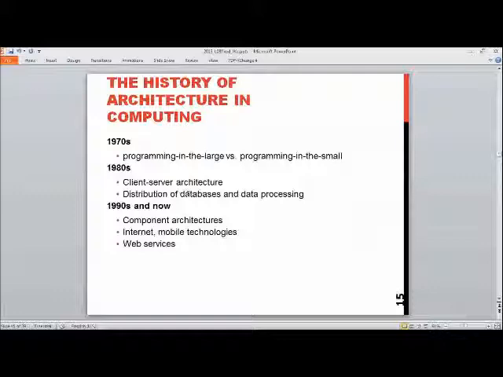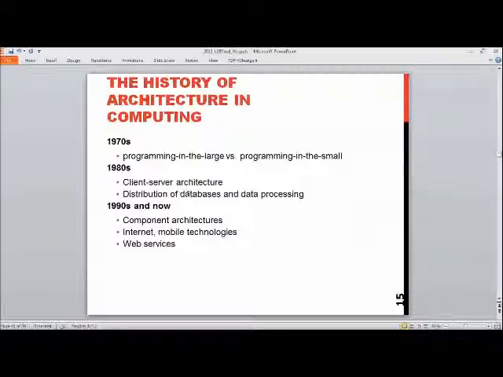We can make a client-side solution on one platform like a Windows system, and then create the server, for example, with Unix. That was one really big distinction that held for a long time. You had different server-side operating systems and different client-side operating systems.